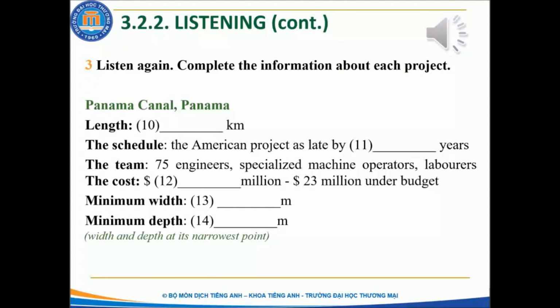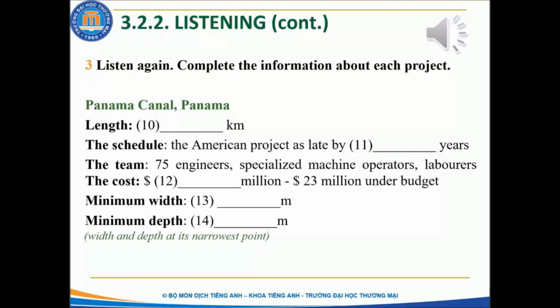Finally, in August 1914, the first ship passed through the canal. Amazingly, although the canal cost $375 million to build, the project came in $23 million under budget. At its narrowest point, the canal is about 33 metres wide and 12 metres deep.